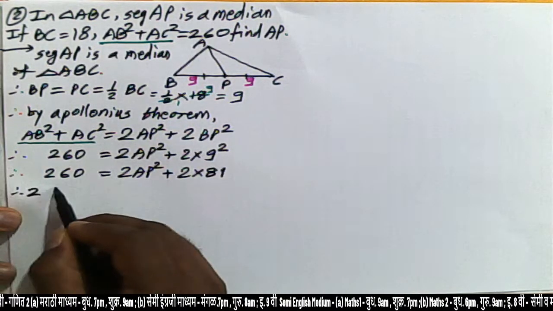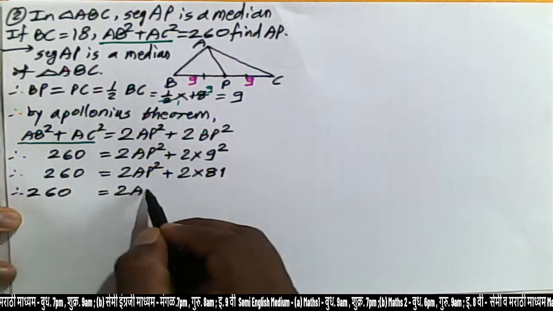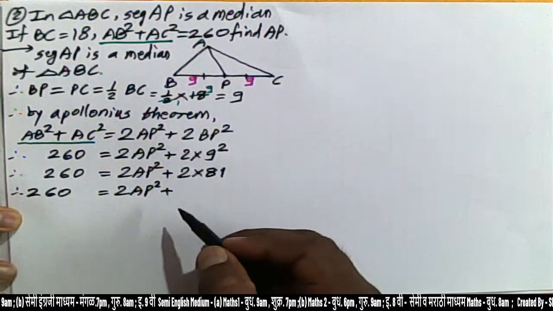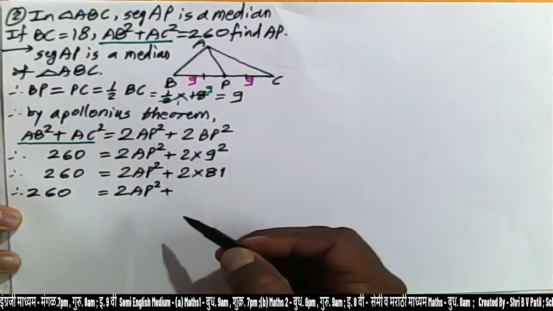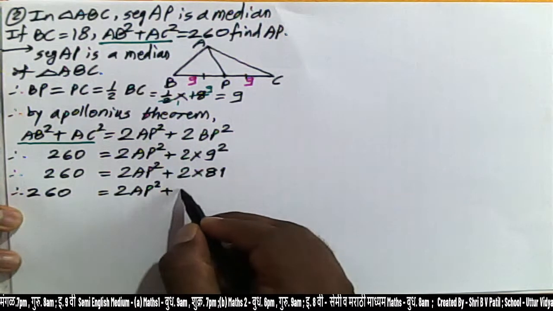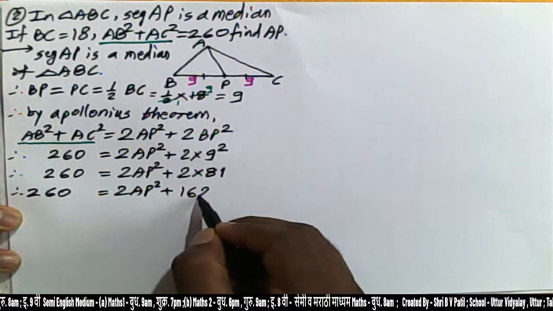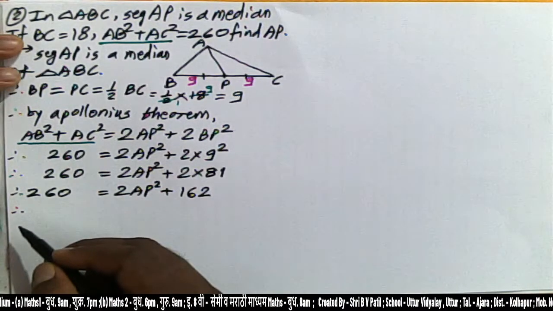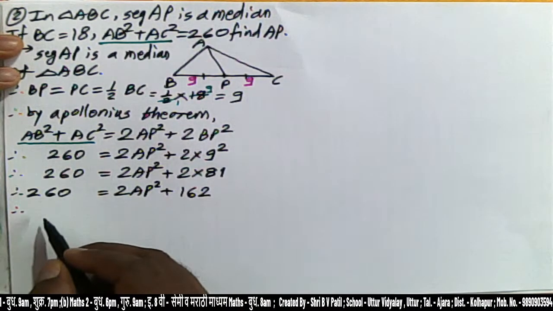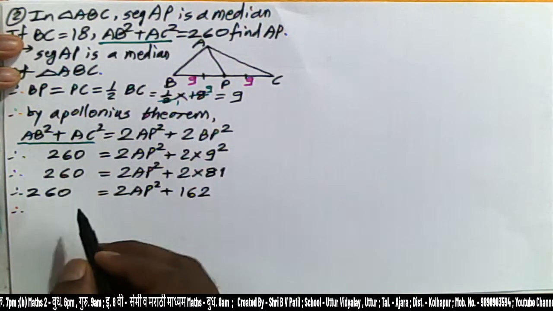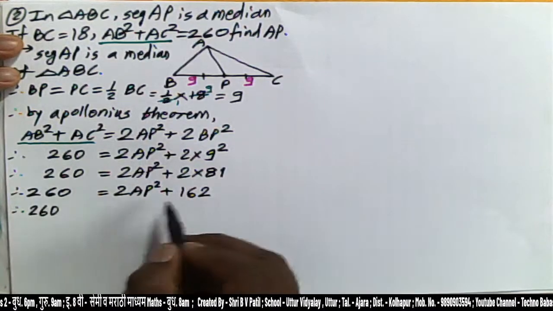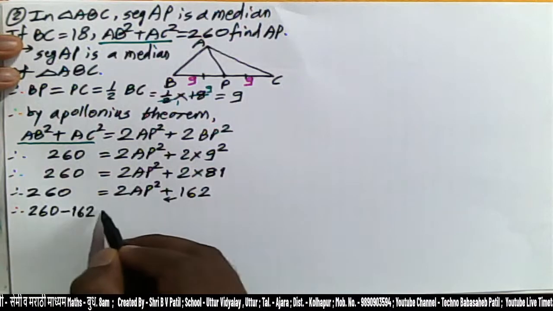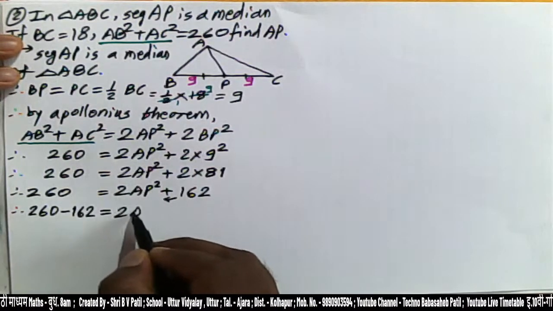Therefore, 260 is equal to twice AP square plus the multiplication, that is 162. What is the next step? 260 minus 162, and is equal to twice AP square.